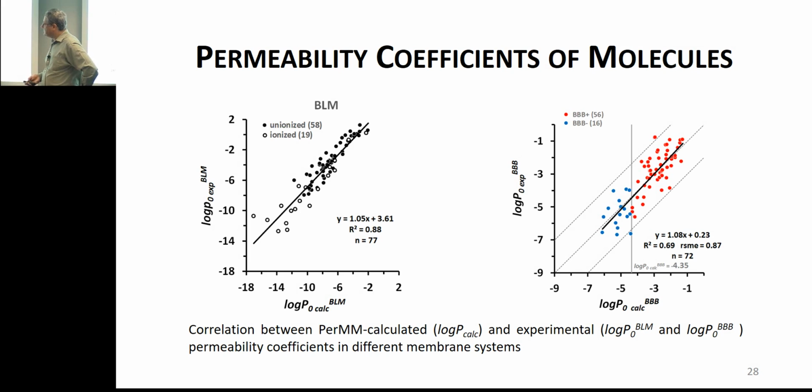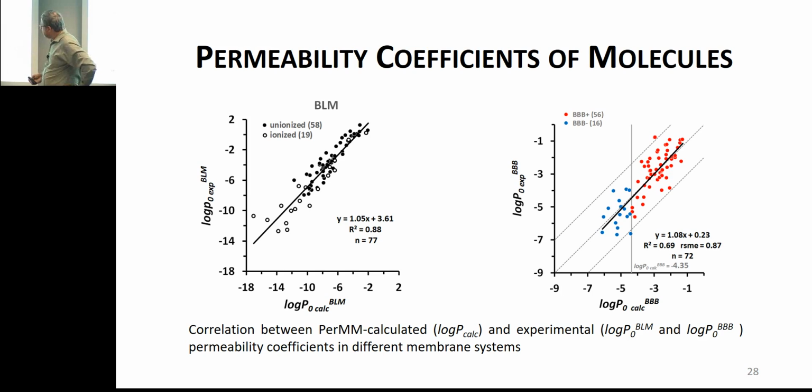But the situation is a little bit more difficult for experimental data about permeability through the blood-brain barrier. In that case, of course, there could be passive diffusion, but at the same time there could also be some transporters involved, or some efflux involved. So it could be highly hydrophobic compounds that go into the cell, cross the cell, and then go back by exporting.